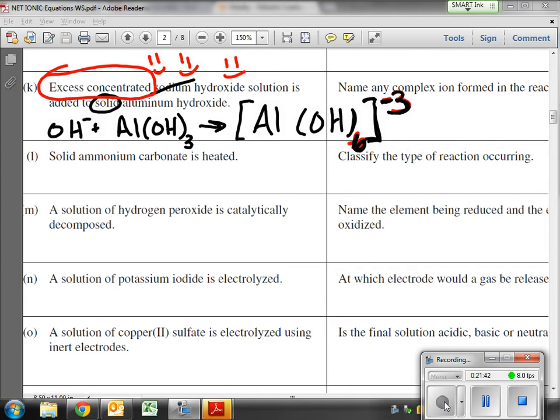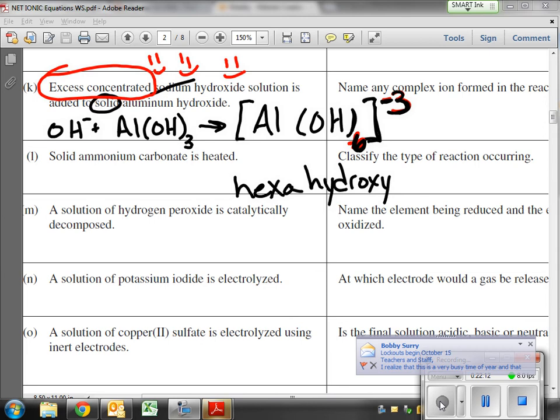But from what I remember, from what I was told by a student, because I don't care enough to look it up myself, it's the prefix for however many of the anion there is. So in this case, it's hex, because 6 is hex. So this is hexa. Then the name of the anion, or the root of the anion, so this is hexahydroxyl.